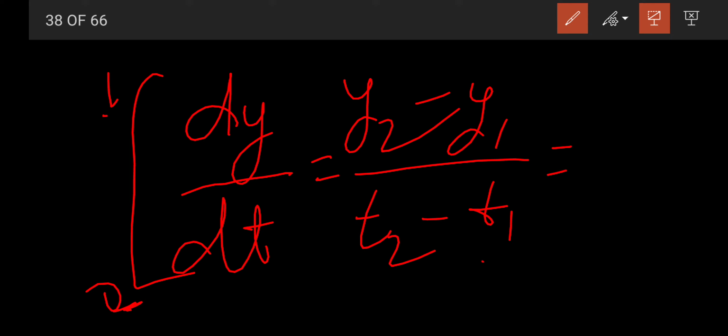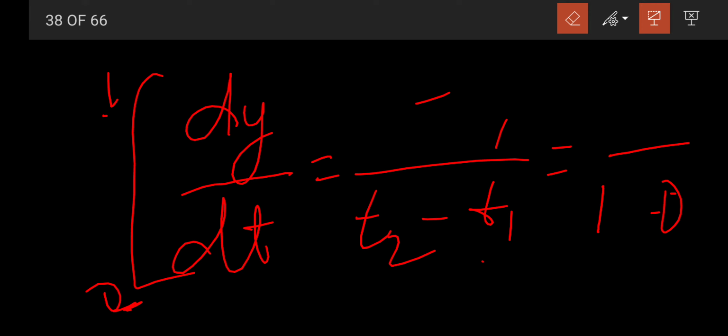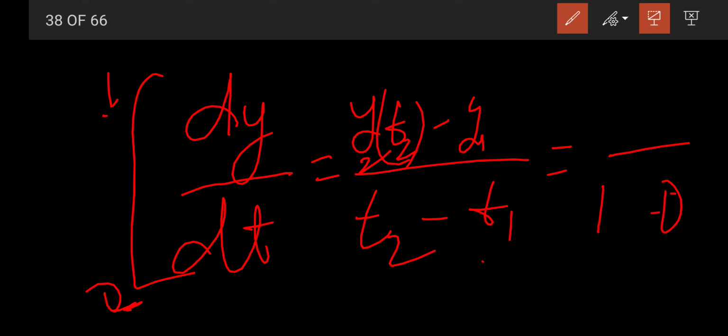So t2 is 1 minus t1 is 0, right? And what is the value of y2 at t2? Let me write this correctly: y2 at t2 minus y1 at t1, correct?